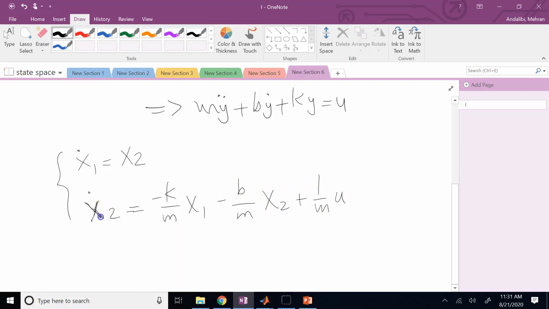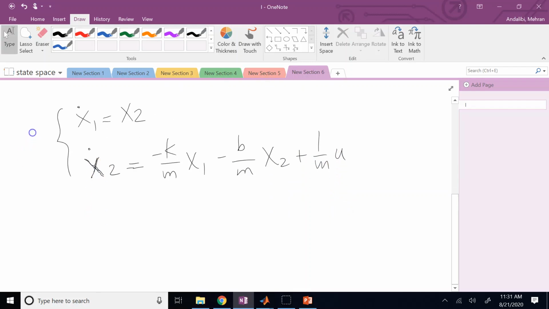So here, you just need to take the time derivative of this. You're going to get x1 double dot equal to x2 dot, but x2 dot you plug back in from the bottom equation.